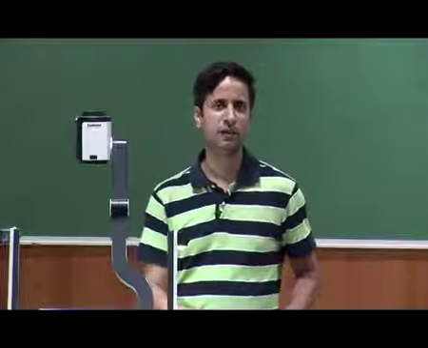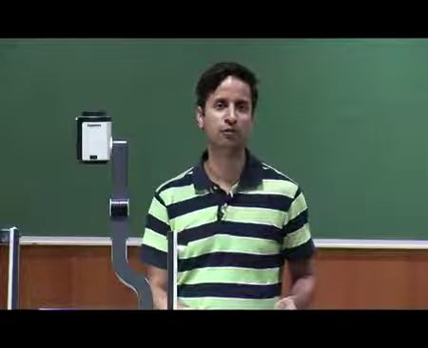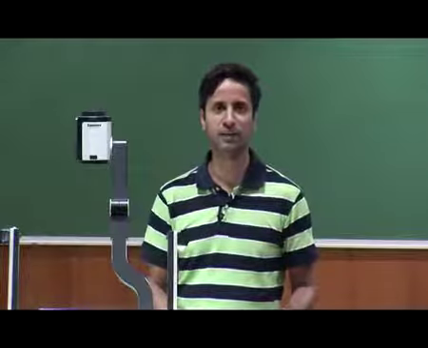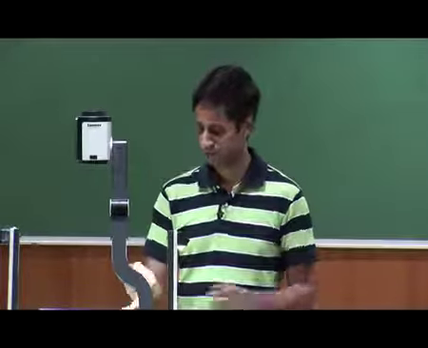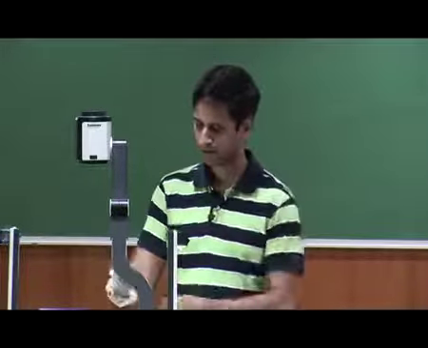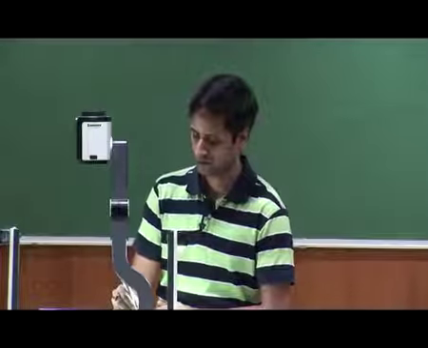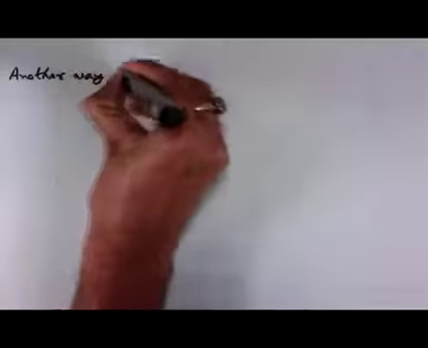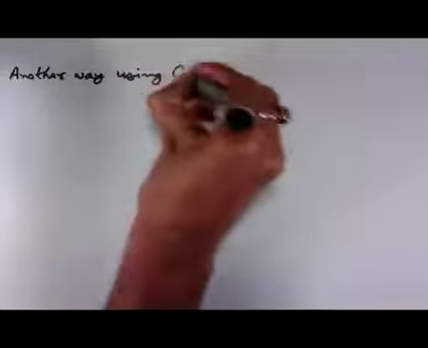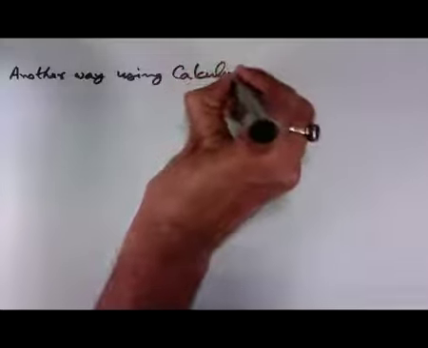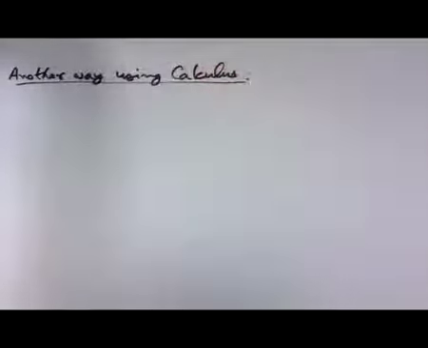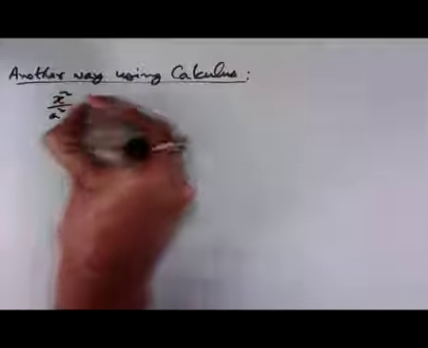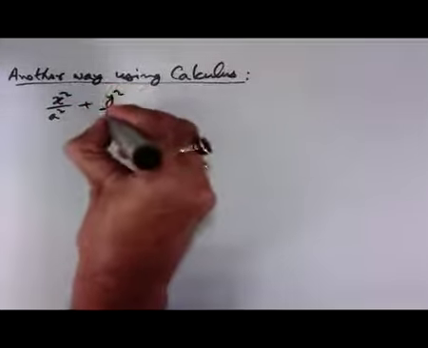So, next we will derive this equation again. For those of you who have learned calculus, it can be derived much more simply. So, another way, using calculus: we have x square by a square plus y square by b square equal to 1.